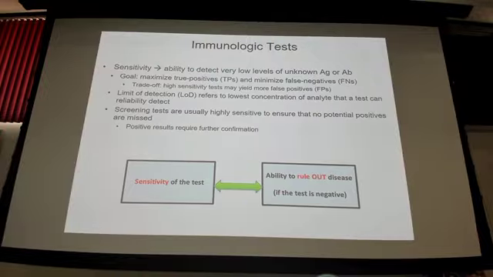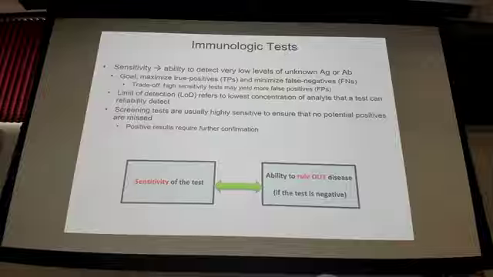Two principles we need to be familiar with are sensitivity and specificity. When we're talking about sensitivity with immunoassays, we're talking about the ability to detect very low levels of whatever we're looking for, whether it be antigen or antibody. If we want a high sensitivity assay, there's a trade-off. A high sensitivity assay means that we really want to know if it's there in the first place.